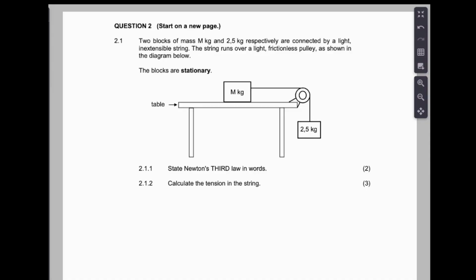Now, we are going to calculate the tension in the string. So 2 blocks of mass m kg and 2.5 kg respectively are connected by a light inextensible string. The string runs over a light frictionless pulley as shown in the diagram below. So now we need to calculate the tension in the string.